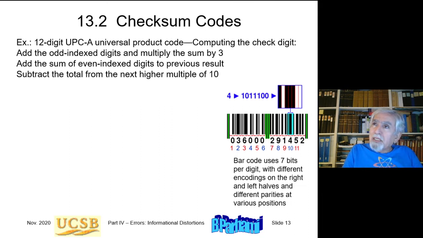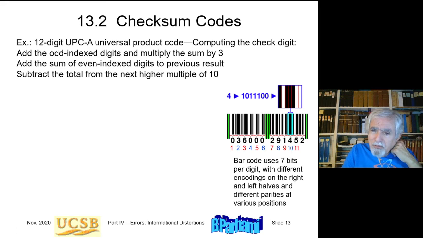Okay, let's consider a particular class of codes called checksum codes, exemplified by the 12-digit UPC-A universal product code. So this is basically the 12-digit universal product code up to here. 1, 2, 3, 4, 5, 6, 7, 8, 9, 10, 11. 11 digits, sorry.